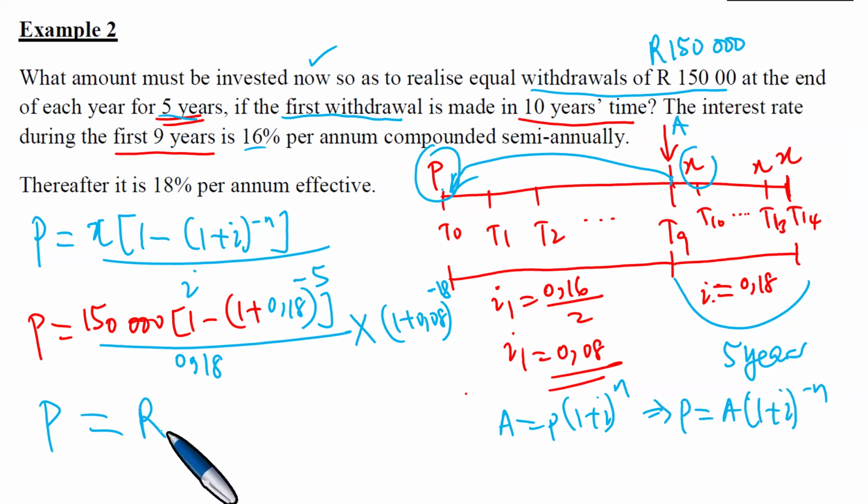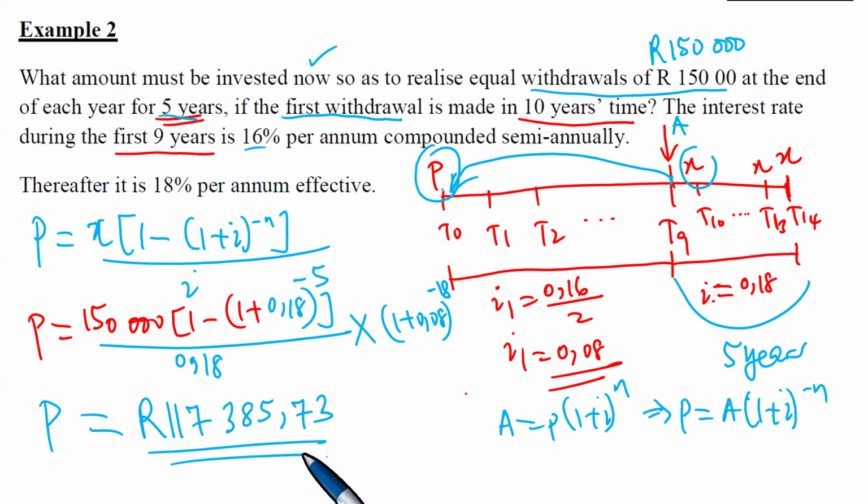Okay, now you have 117,385.16. Okay, that's fine. So now what it means is therefore you have exactly 117,385.73.